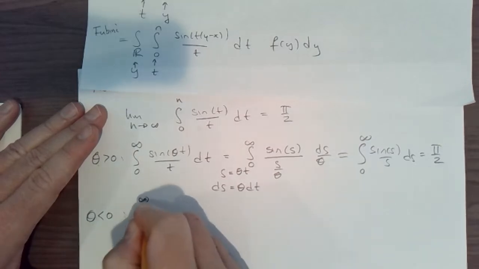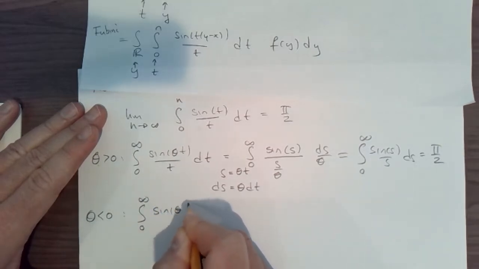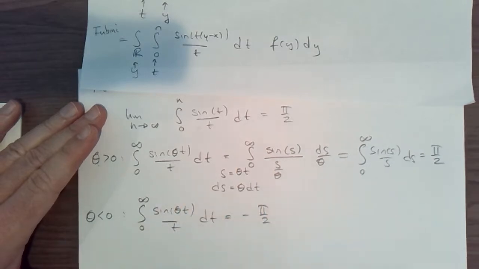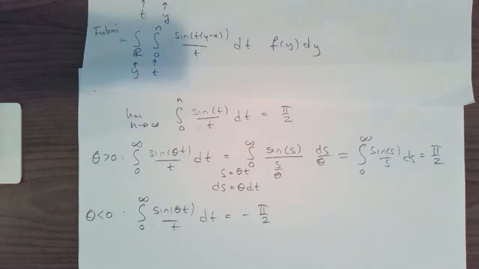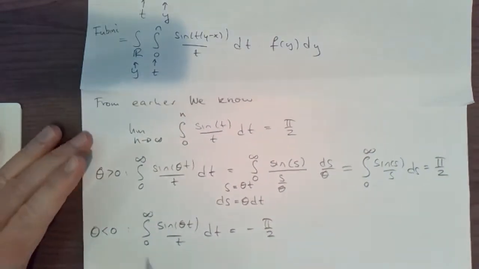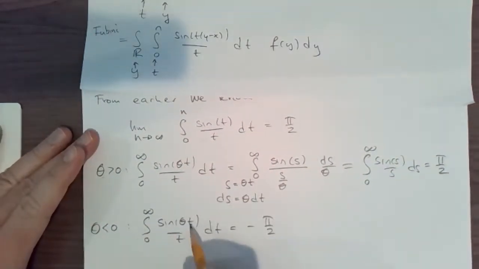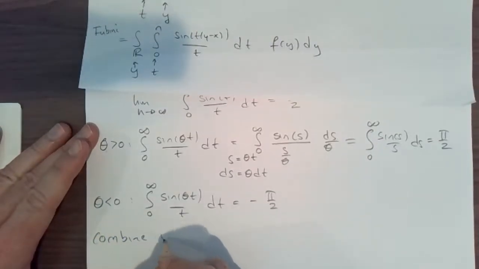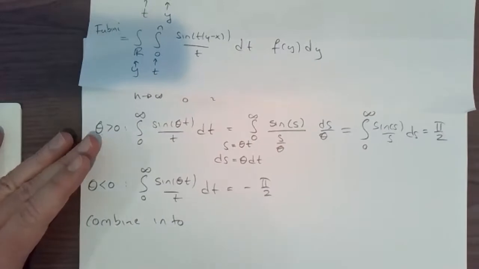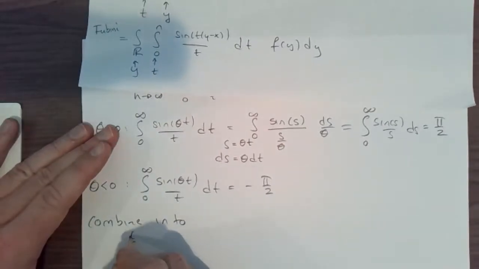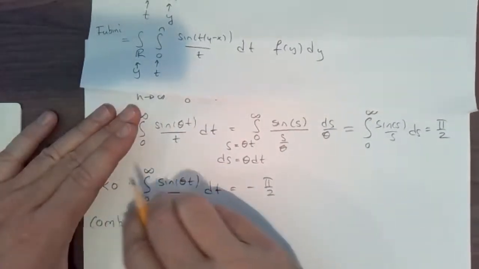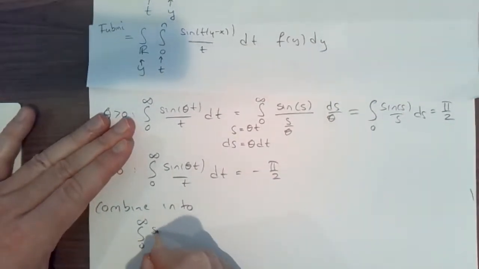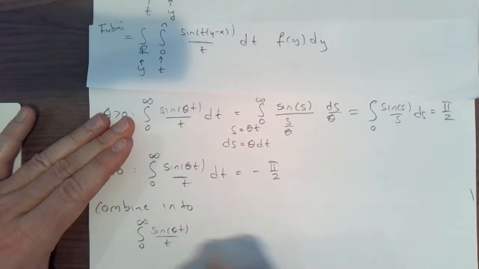We're going to get that the integral from 0 to infinity of sine theta t over t is going to be minus pi over 2. So we have these possibilities, and of course if theta is equal to 0, you're just going to get 0. So we can combine them into the integral from 0 to infinity of sine theta t over t dt.